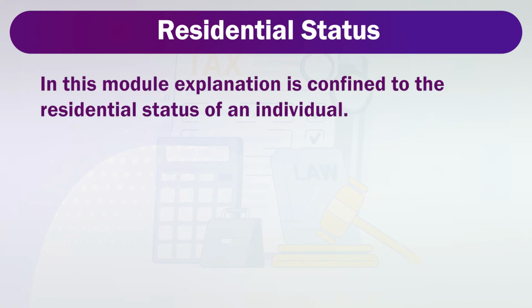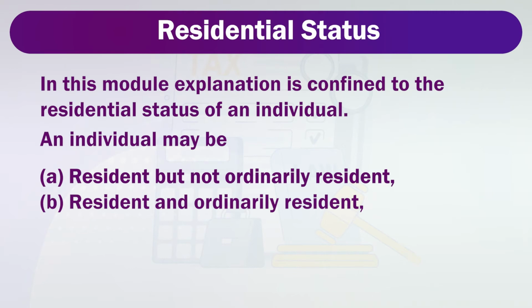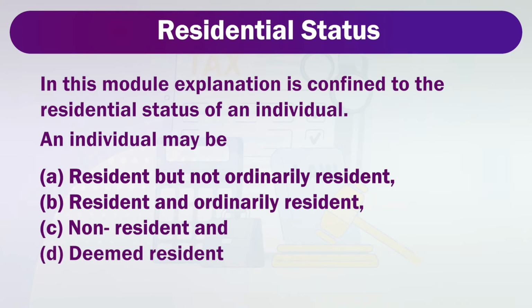In this module, explanation is confined to the residential status of an individual only. An individual may be: number 1, resident but not ordinarily resident; number 2, resident and ordinarily resident; number 3, non-resident; and number 4, deemed resident.